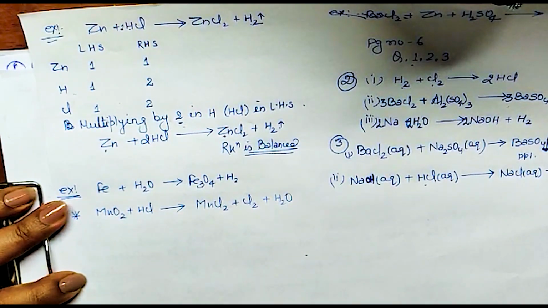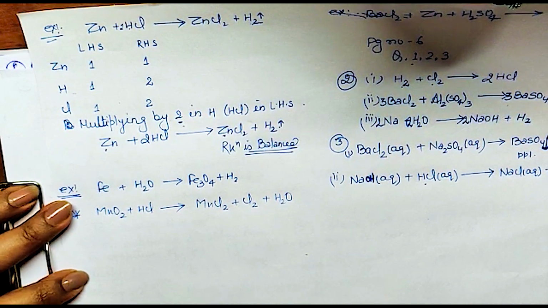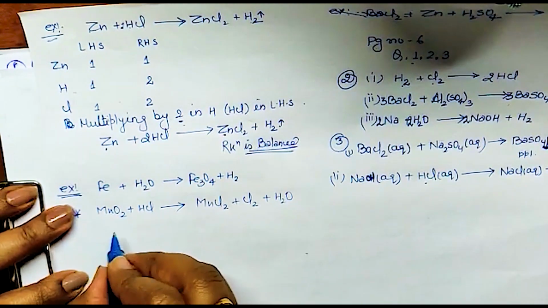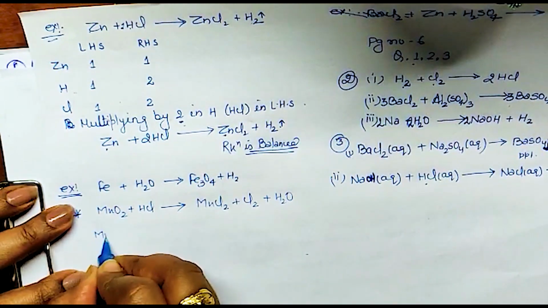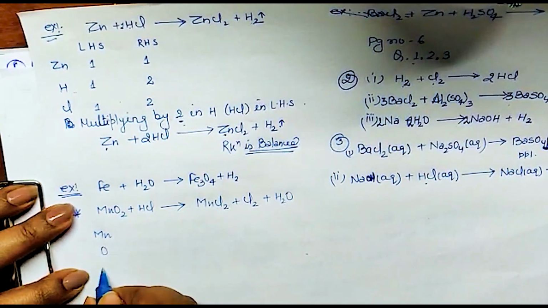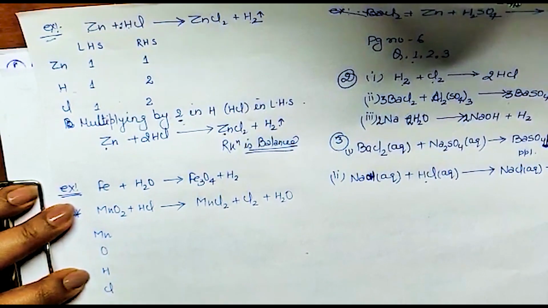How to balance this? For this, again you have to check elements. You have to write Mn, oxygen, hydrogen and chlorine, isn't it?